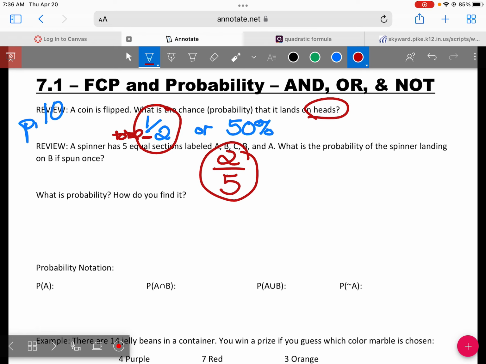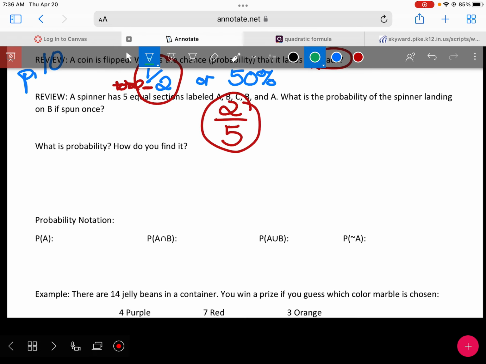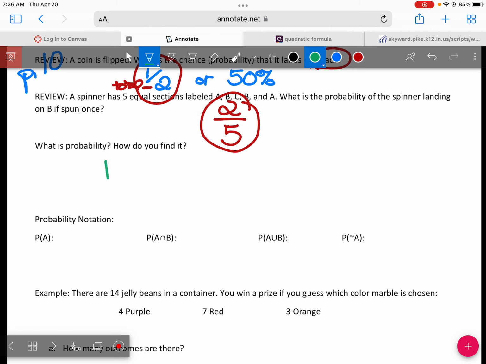Okay. So what is probability? This is the definition I would like you to find. So the capital P here stands for probability. The probability of an event happening, and we put that in parentheses.